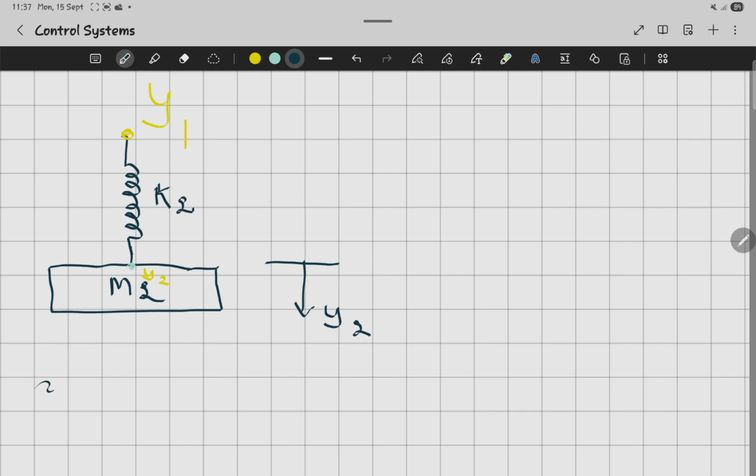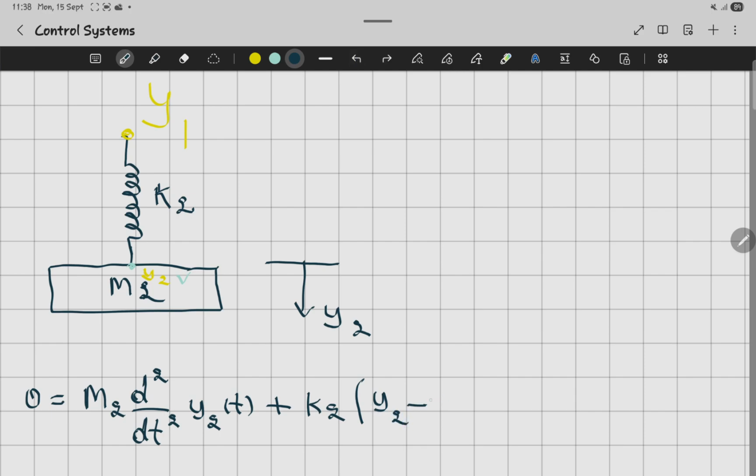It's going to be 0 equal m2 d square dt square of y2 of t, plus this k2, and for k2 the one close to the mass is gonna have priority. It's gonna be y2 of t minus y1 of t.